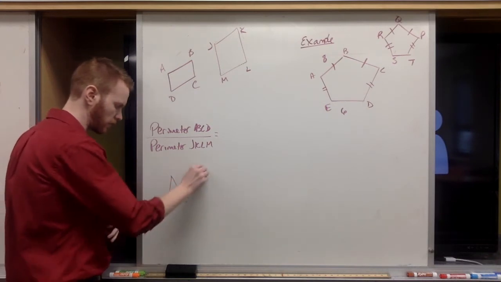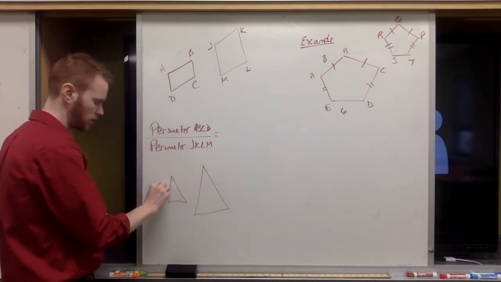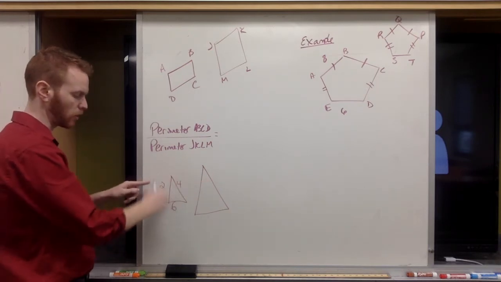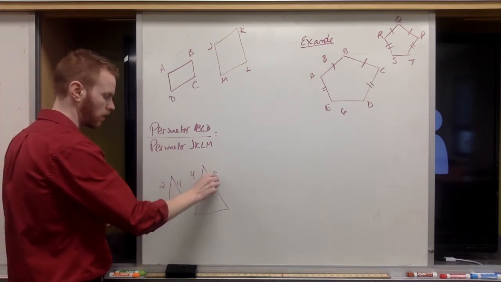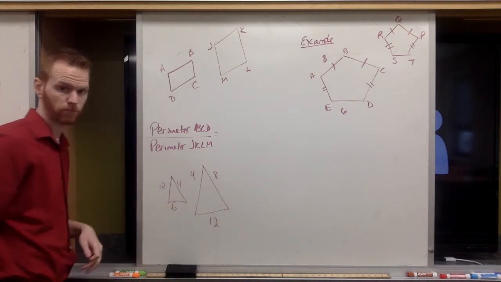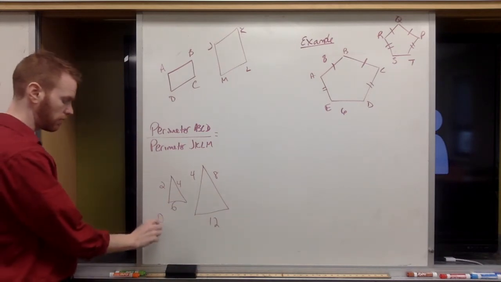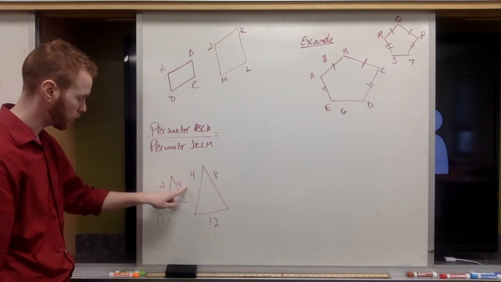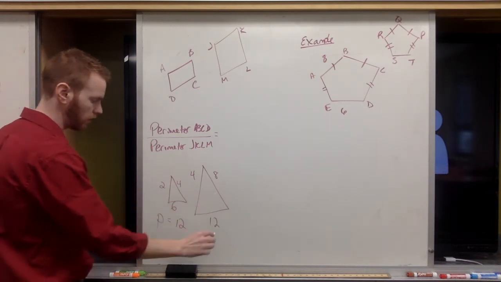If I had two triangles, make this guy 2, 4, and 6. To make them similar, I multiply everything by 2 here. So this would be 4, 8, and 12. The perimeter of this guy here, 6 and 4 is 10, plus 2 is 12.